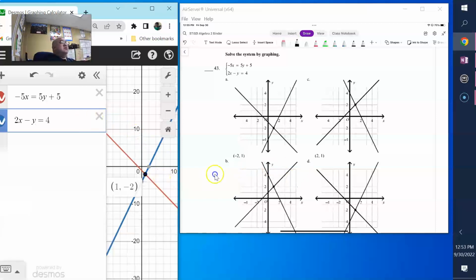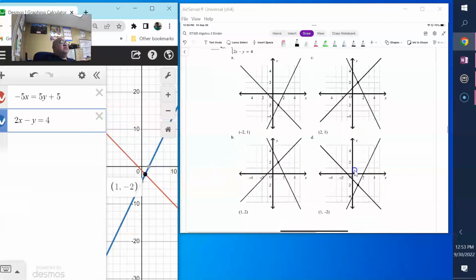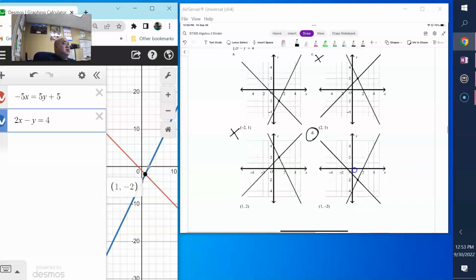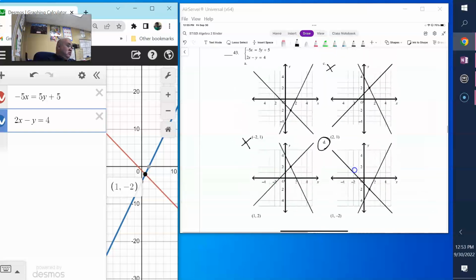So the answer is 1, -2. Which ones are totally wrong? I would say B. I would say C. So now it's between A and D for the correct answer. And I showed you how to use decimals there. That's 43.